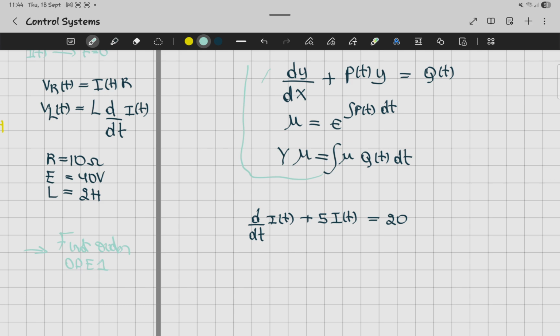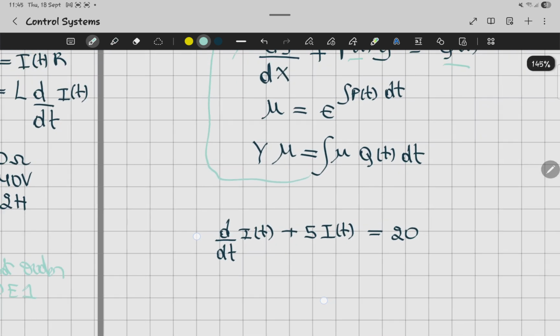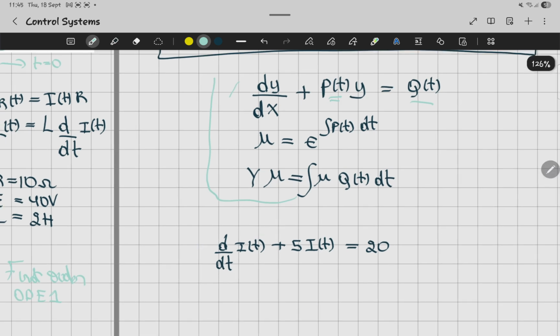We need to define what P and Q are for our ODE 1. You should know that i(t) equals y. So y(t) equals y.